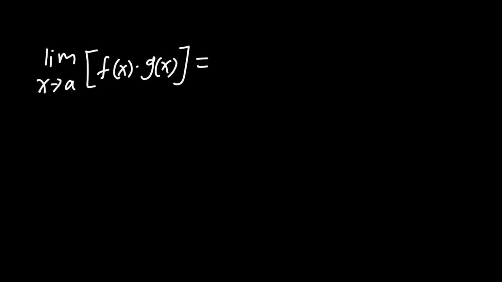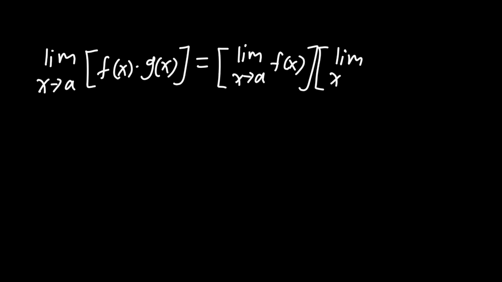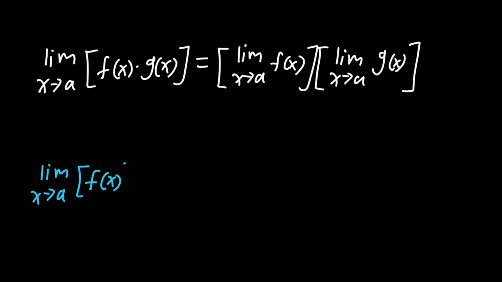We can rewrite it by distributing the limit inside the bracket, so it looks like that, and another bracket, the limit as x approaches a of g of x. This is the limit rule. And now consider if I give you this limit as x approaches a, and this time the function has the power of 2.